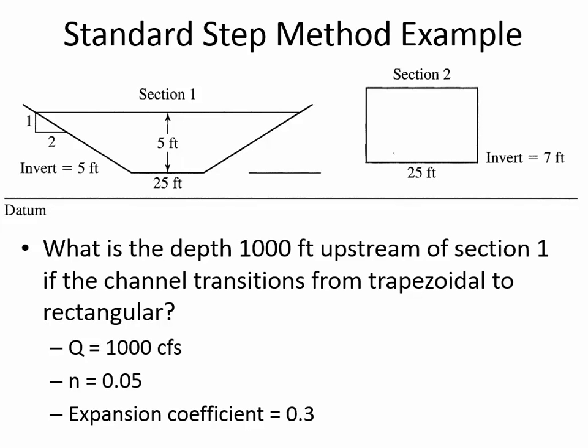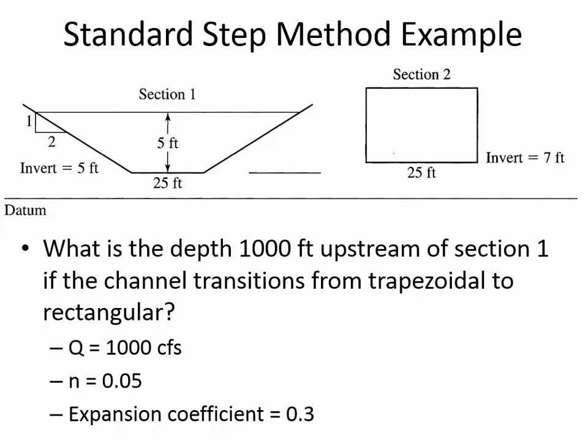So we can put that into a solver and find that the normal depth, y sub n, is equal to 6.848 feet. That gives us the normal depth. We also have to know the critical depth in order to classify the water surface profile at this location where we know what the flow depth is.